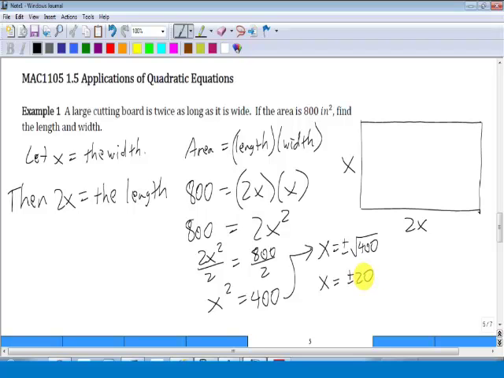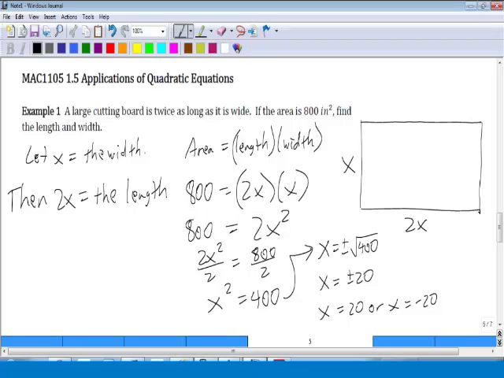Now, as far as the algebra goes, there are two different values of x that make it work. It needs to equal 800, doesn't it?